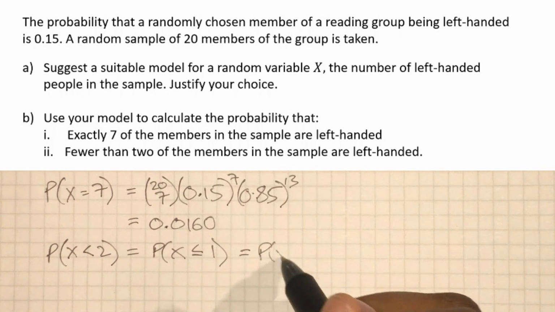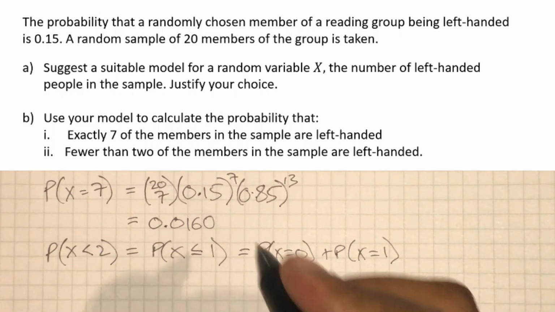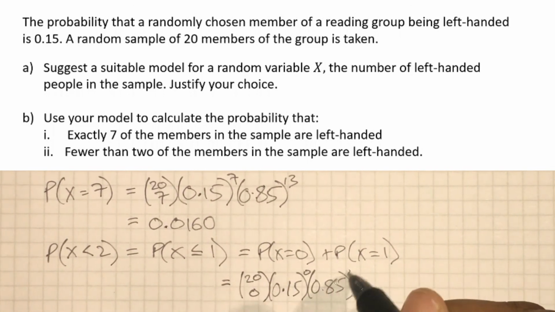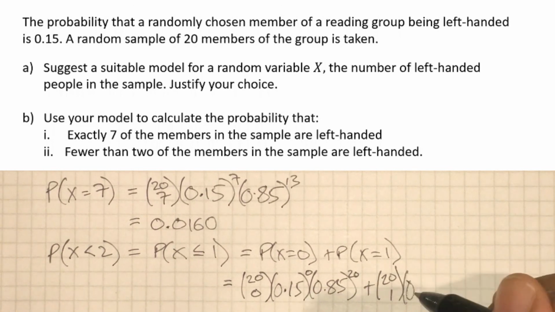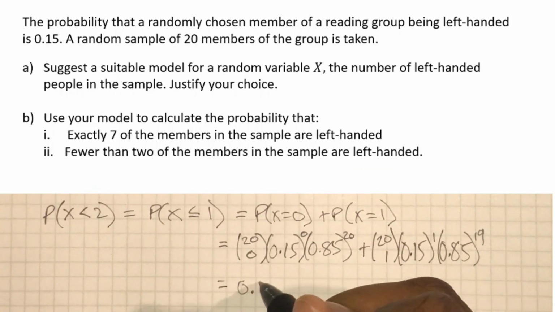Now I want an equivalent statement that uses the numbers I'm interested in. So I'll go ahead and rewrite this as x being less than or equal to 1. 2 outcomes make up the event less than or equal to 1. That's the probability that x equals 0 and the probability that x equals 1. So probability function for each of these, add them together and we get 0.1760.